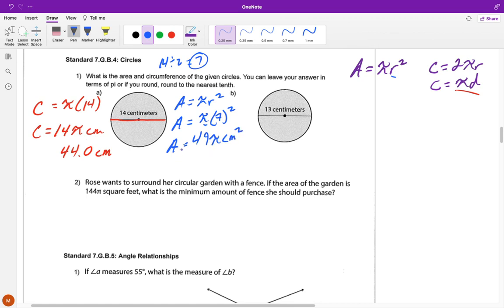Or if we type this into our calculator and we want to round it, it'll be 153.9 centimeters squared. What some of you also did is you saw this unit squared. When we see cm squared, we're saying our units are squared, so we know we're dealing with the area, which means this space here. So what some of you did is you squared that twice.